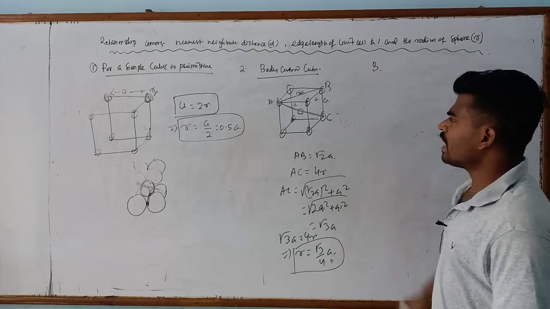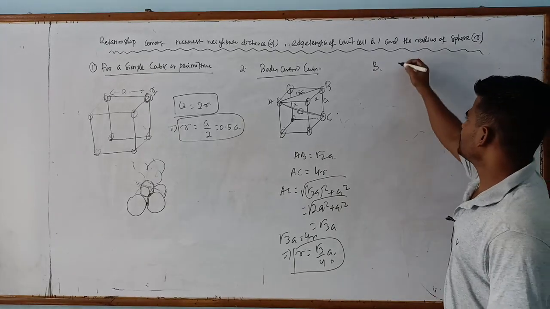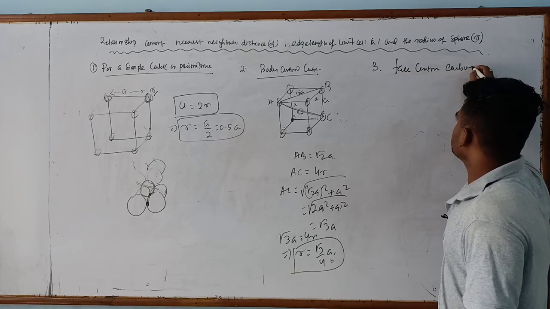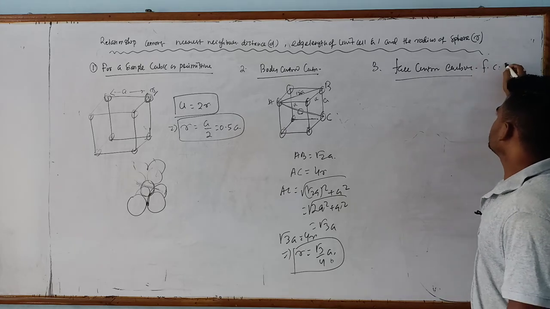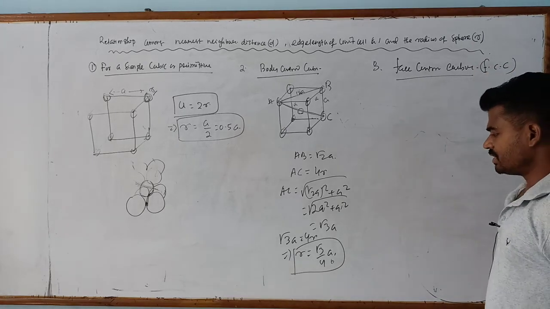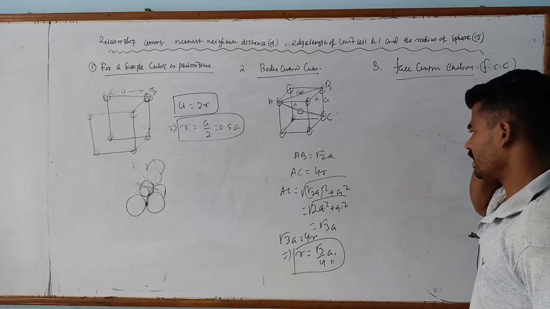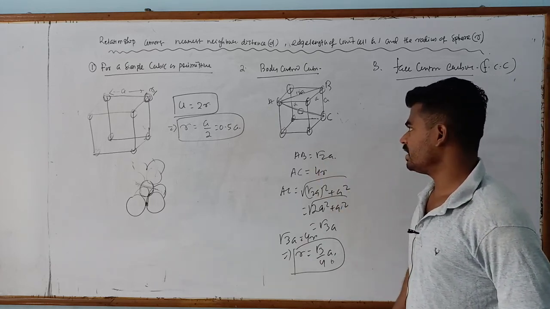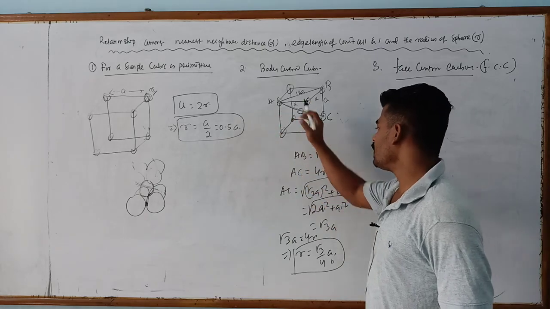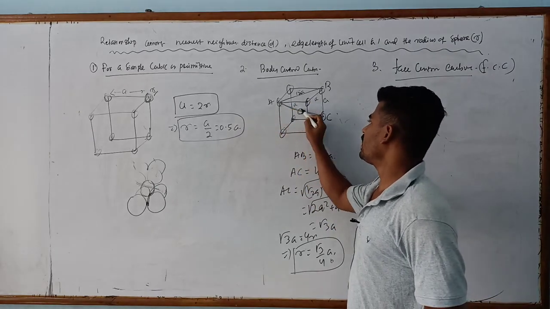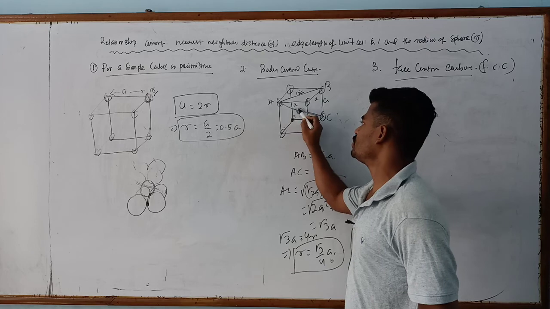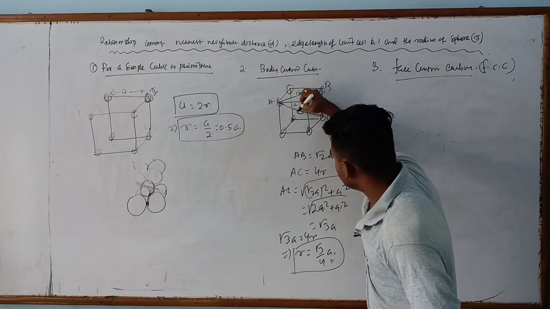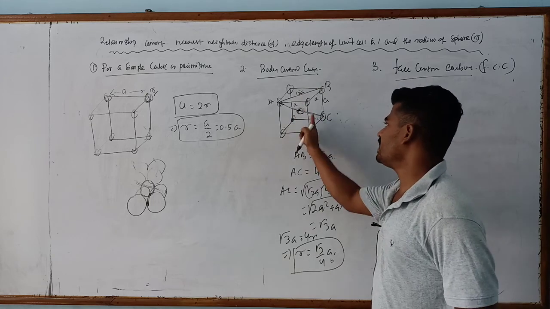And the last one is for face centered cubic, FCC. For an FCC unit cell, what can I write over here? In the BCC, for the nearest neighbor distance, this sphere and the sphere at the center are touching each other. So the radius r plus this radius r, 2r, will be SC by 2.